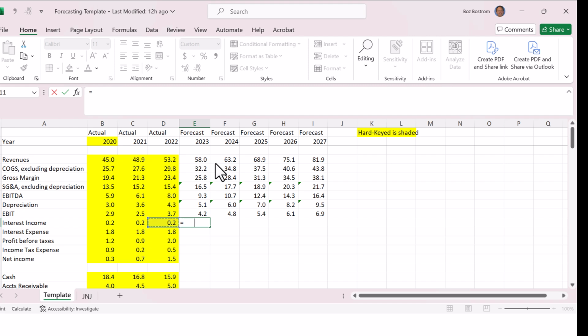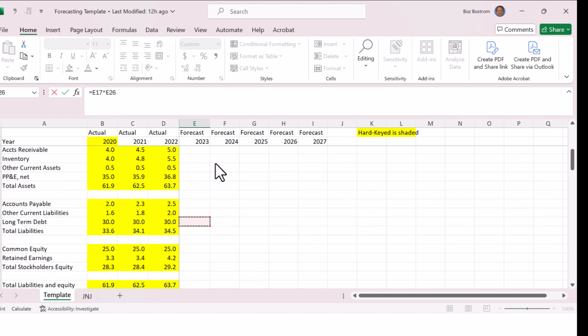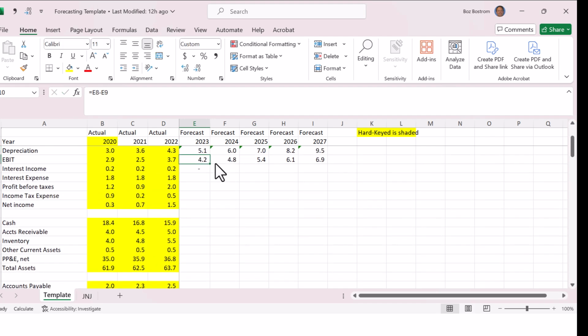This is going to be equals. Don't go to interest income, but it's actually going to be equals cash multiplied by the interest rate of 1%. Okay, so I did right here E17, which is cash, times E49, which is the interest rate on interest income. And then I can go ahead and paste all this off to the right.